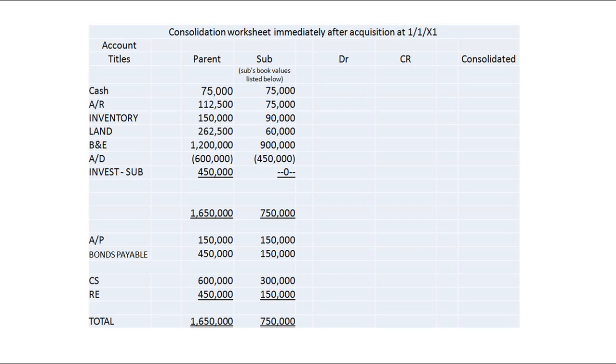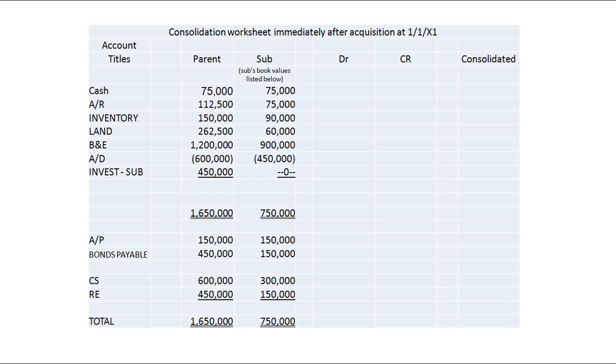Now notice one particular difference here. In Chapter 1, when we listed the sub's amounts, we listed their fair values. When we consolidate, we're going to list the sub's book values. Remember, I've said that the consolidation process is kind of in the middle between the parent and the sub.